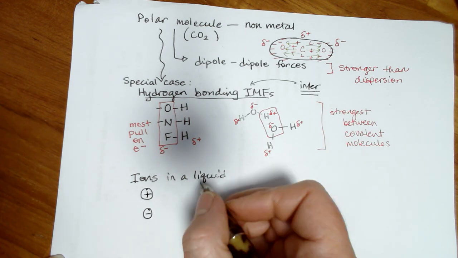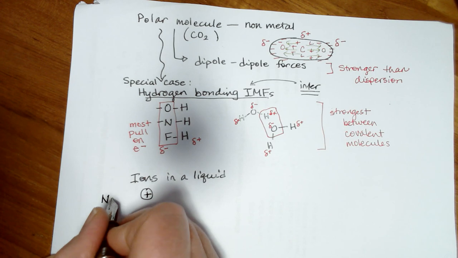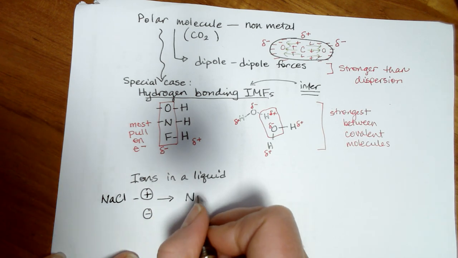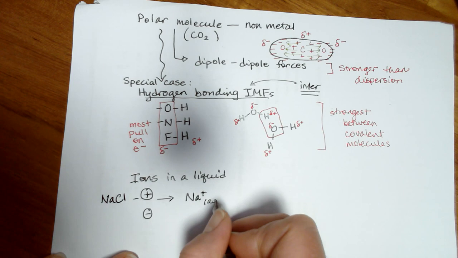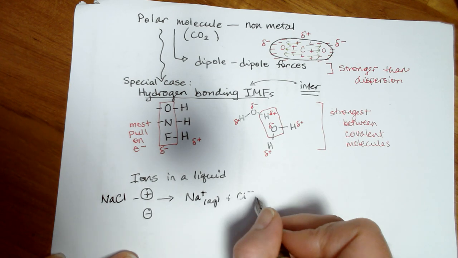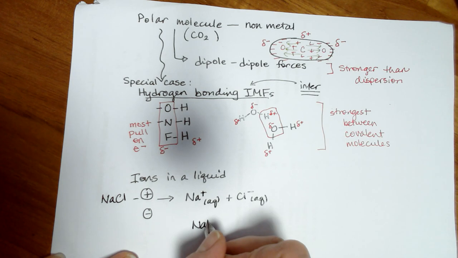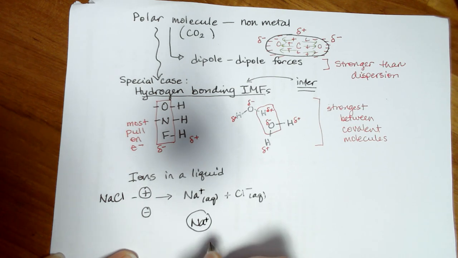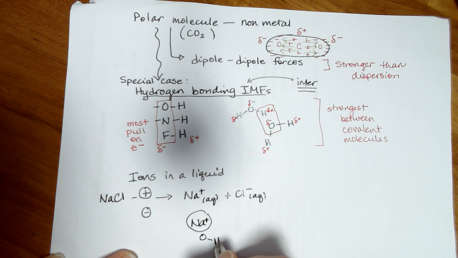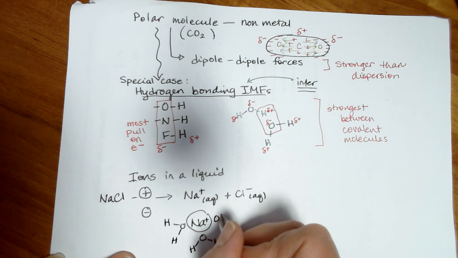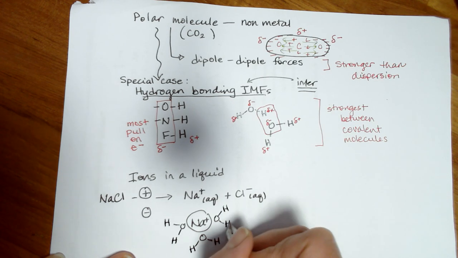If we think about sodium chloride, we know that it dissolves in water and makes sodium ions and chloride ions. What's happening is that these sodium ions are hanging out with the oxygen parts of the water more than with the hydrogen parts.